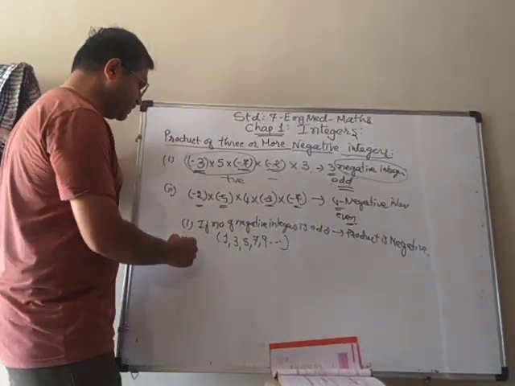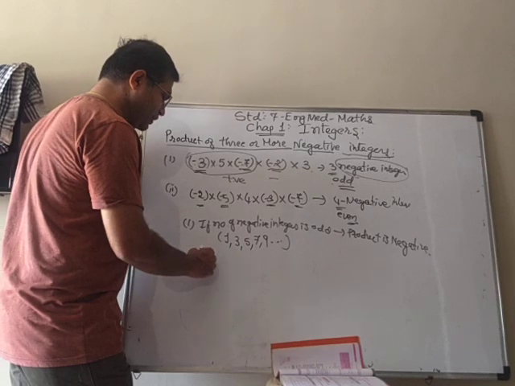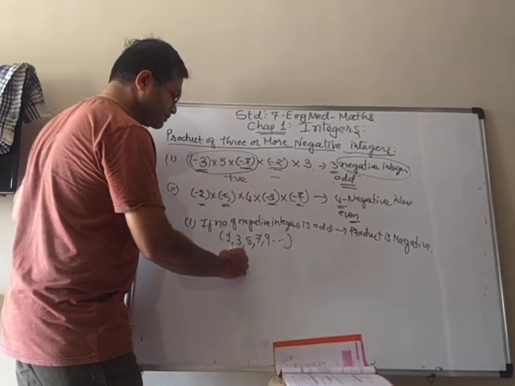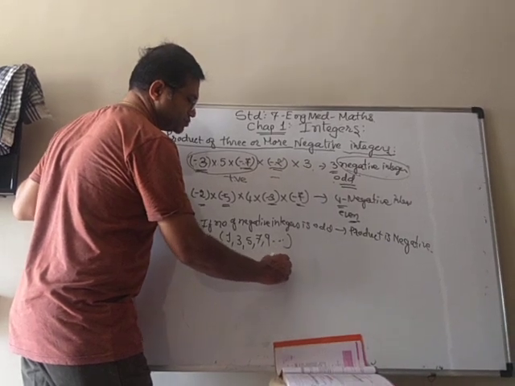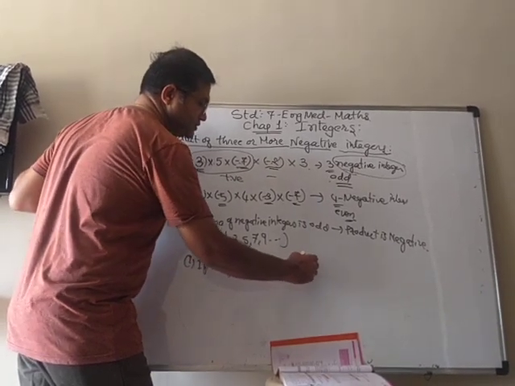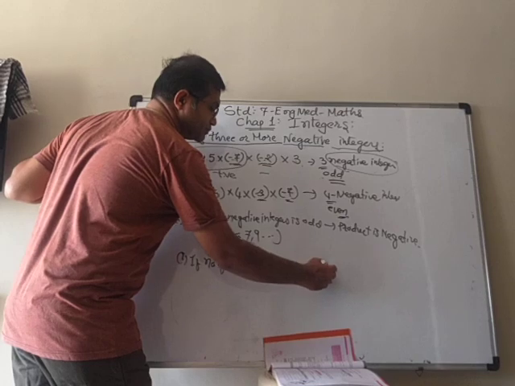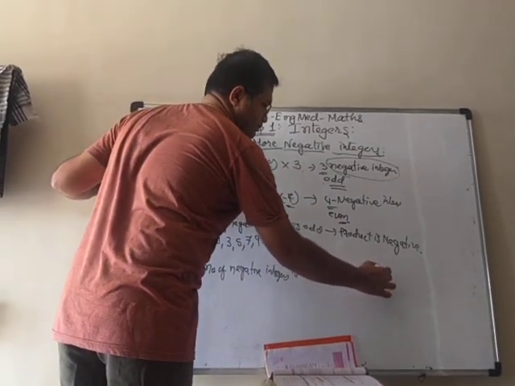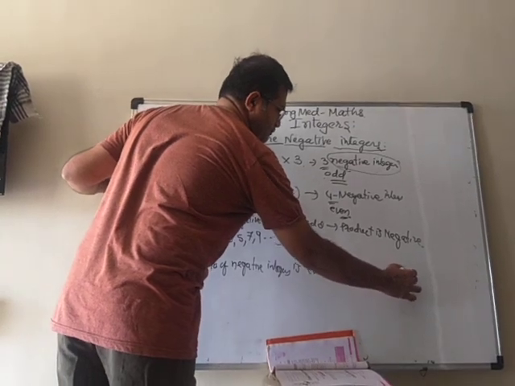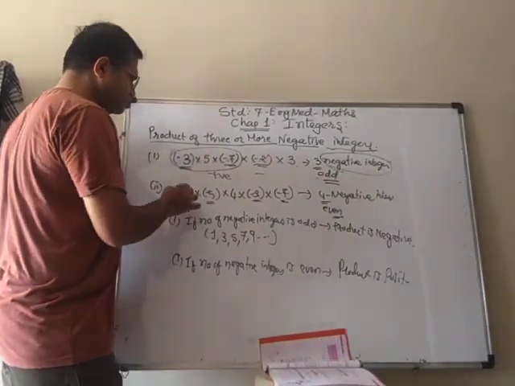And the second thing: if the number of negative integers is an even number, then your product will be positive, because they will make pairs.